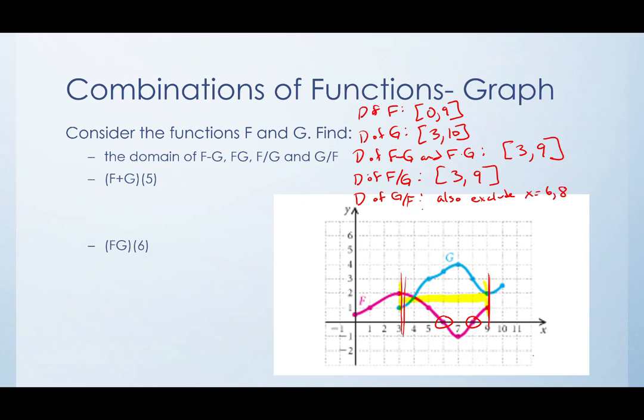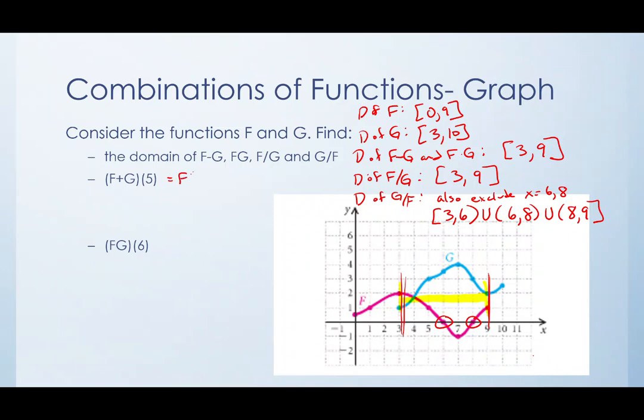So we get to write a whole fun domain: 3 to 6, with a parenthesis on the 6 because it's not included, 6 to 8, and 8 to 9, but 9 is included. That's a little complicated domain because we've got to watch out for those places where we might divide by 0.